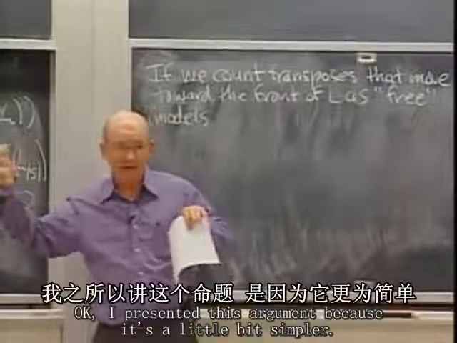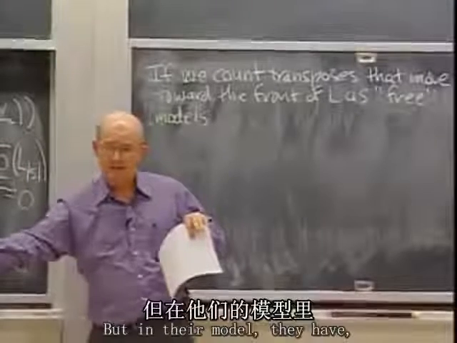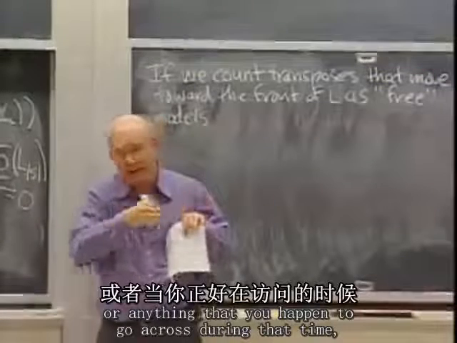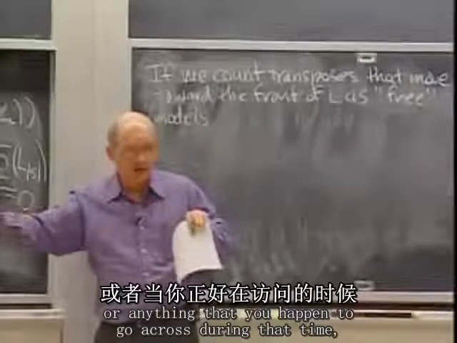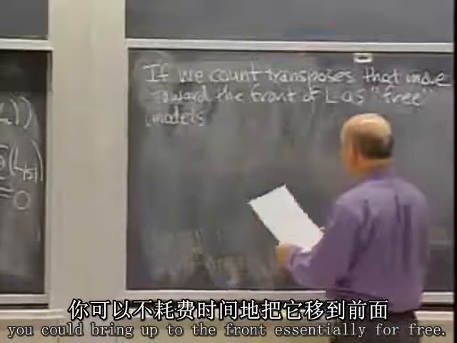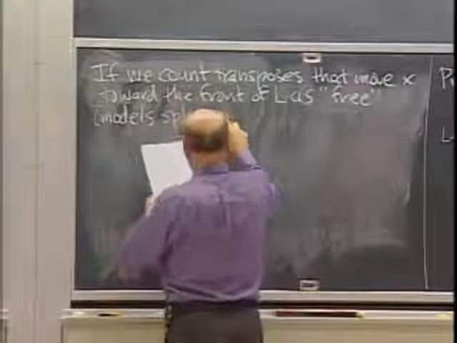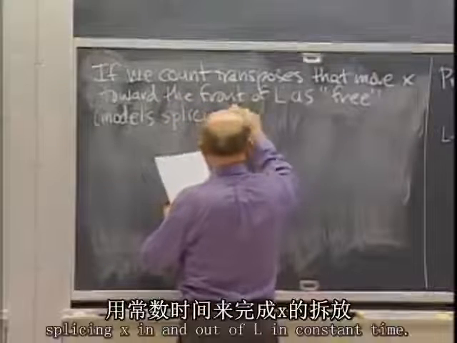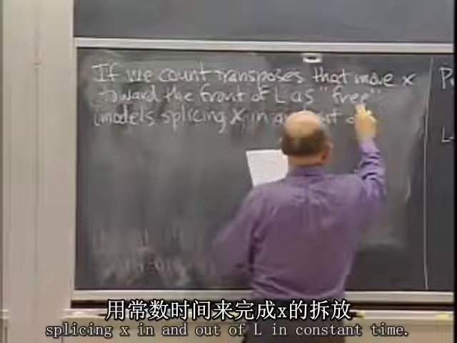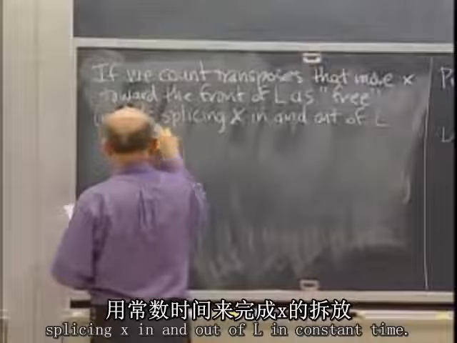I presented this argument because the model is a little bit simpler. But in their model, when you access something, you can bring it up to the front, or anything that you happen to go across during that time, essentially for free. This model is the splicing of x in and out of L in constant time.